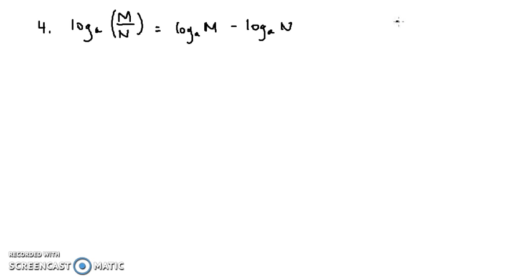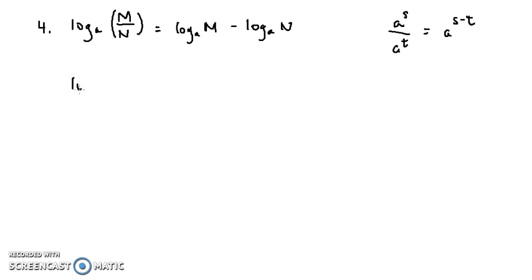We won't go through the whole thing, but if you imagine that what we just did in the last rule comes down to this exponent rule, and what do we do when we have exponents in a fraction? We subtract them. Okay, so before we had multiplication, we added them, but in a fraction, you subtract them. So that's where this minus comes from, log of m minus log of n.